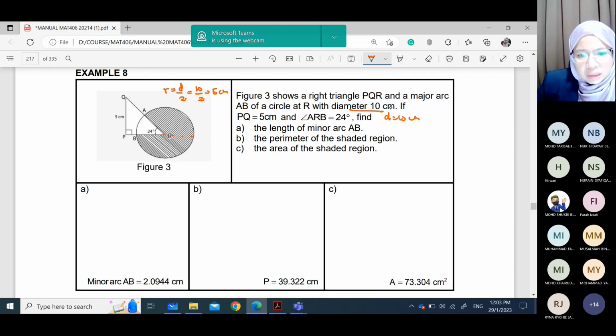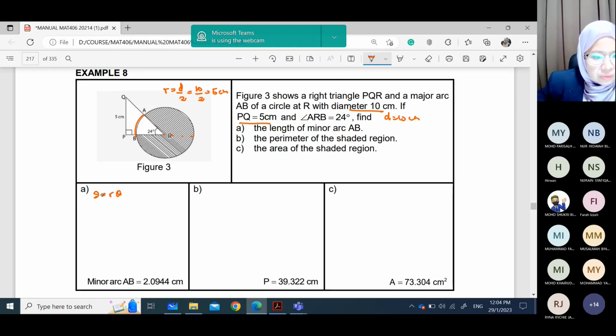And then what do they tell us? If PQ is 5 cm, and the angle ARB is 24 degrees, find the length of the minor arc AB. We need to find this AB. S is equivalent to R theta.